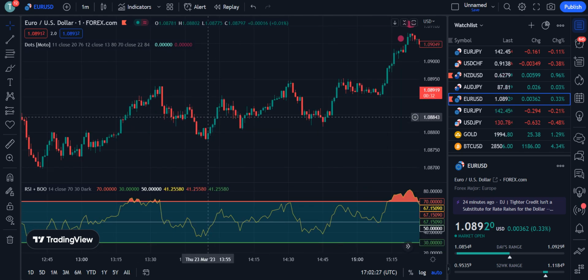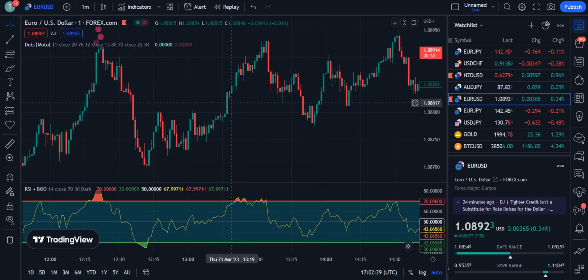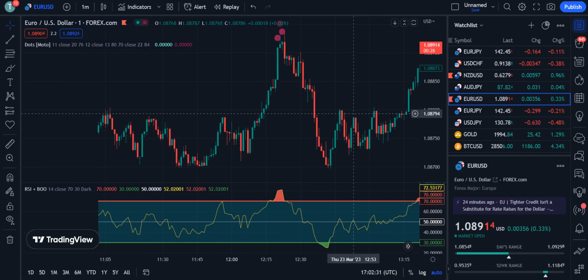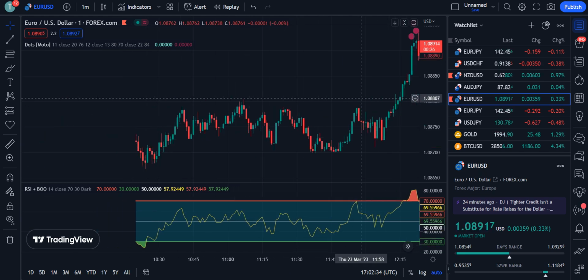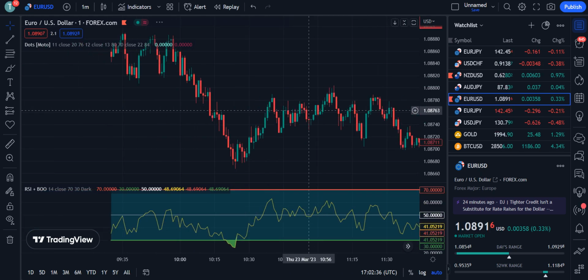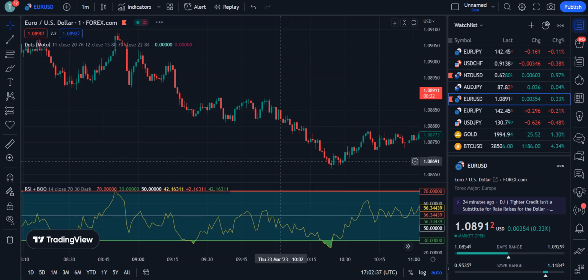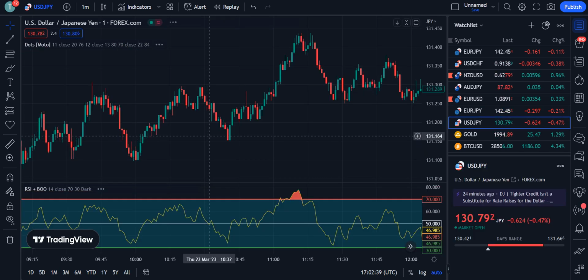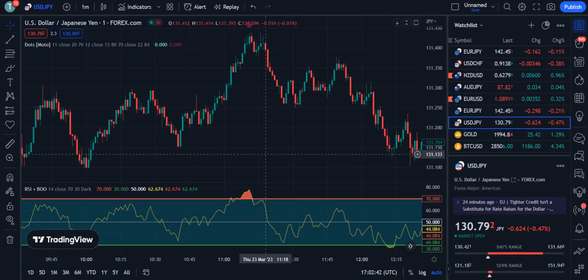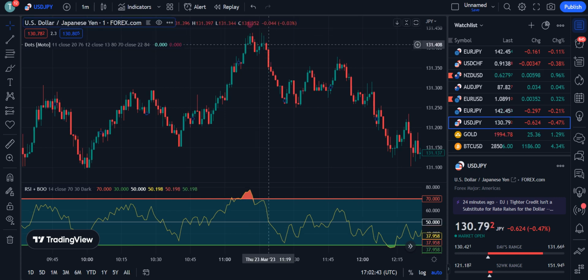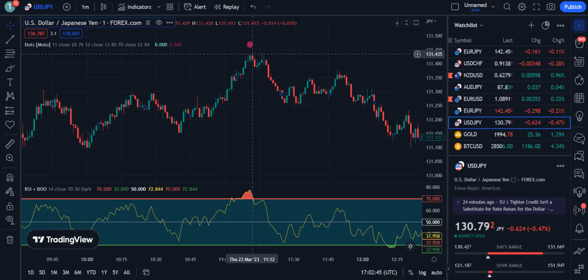So this is a very accurate indicator that gives us signals according to our requirements whenever we are going for the scalping strategy or the day trading strategy. Another example I can give you is from USD/JPY. Here, if I show you closely, this dot is given by the Moto dots indicator, and it is showing that it is in the overbought level.